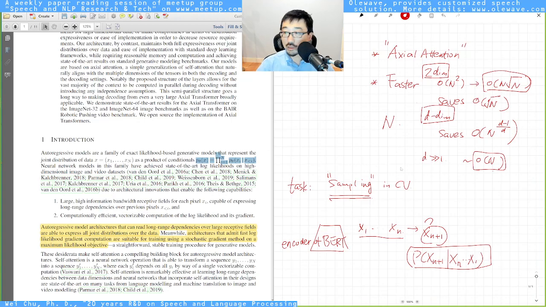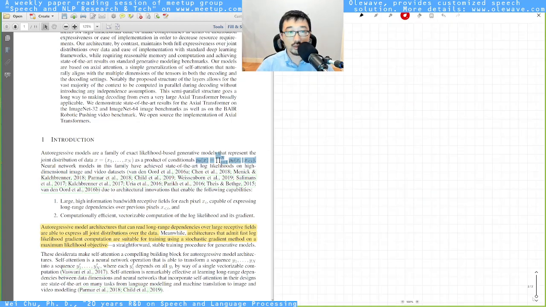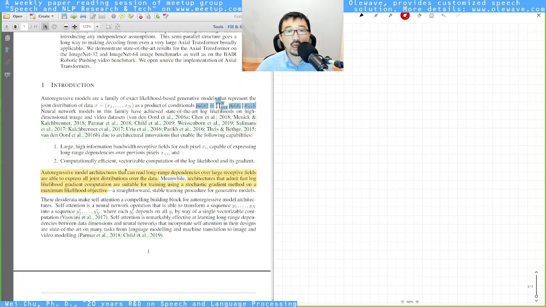And let's look at the introduction. I liked the writing of the authors. They say the autoregressive architecture could read long range dependencies over a large receptive field, which means that suppose you're doing the transformer, especially the encoder part of the transformer.